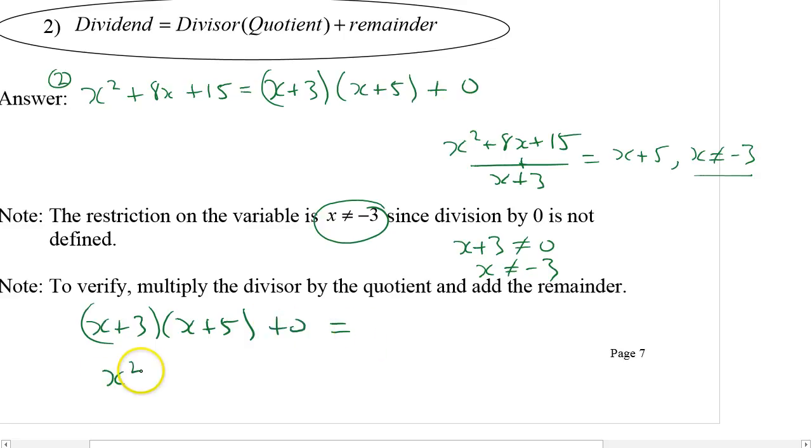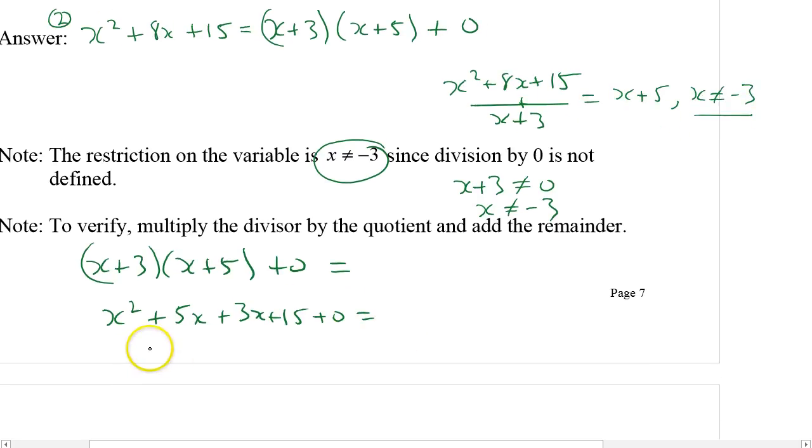Well, we'd get x squared plus 5x plus 3x plus 15 plus 0, which was our remainder there. So we would get x squared plus 8x plus 15. And so that's what we wanted, right? So we showed that this is in fact equal to that if we multiply it out again.